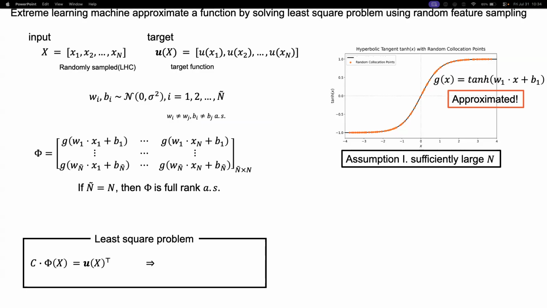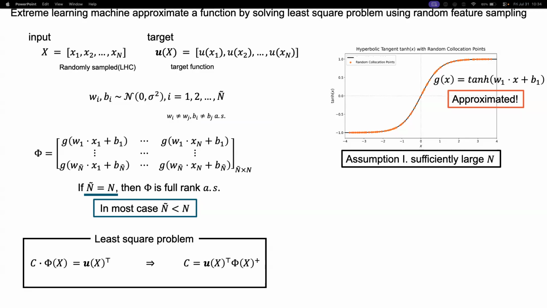To solve this least squares problem, we can just use the pseudo inverse, which was explained on Tuesday by Dr. Hyuk. The reason I use the pseudo inverse is that the assumption that n tilde equals n is kind of absurd, because in most cases n tilde is way less than the number of data points.